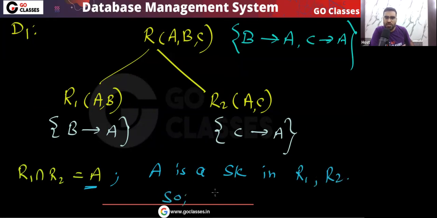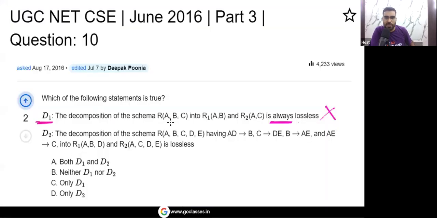So this decomposition is lossy. Is this clear? So finally, I can say this statement D1 is false, because statement D1 is saying the decomposition of this relation into these two relations is always lossless. This statement is actually false.